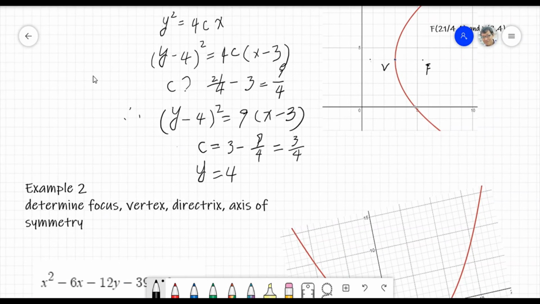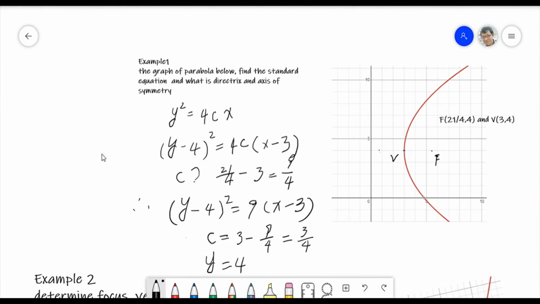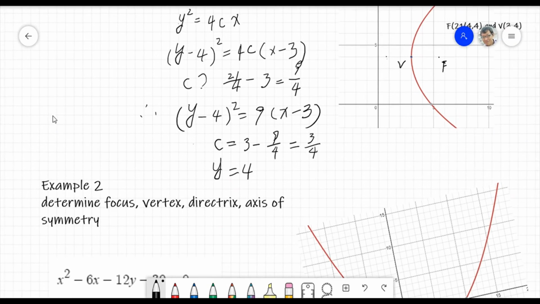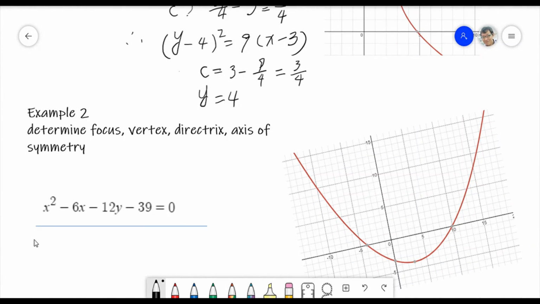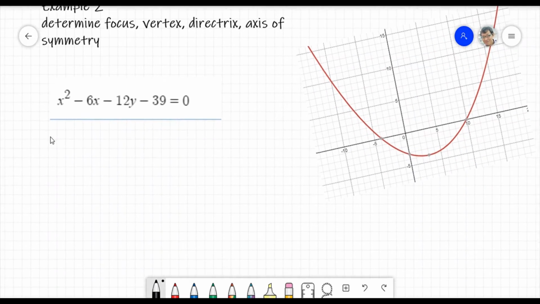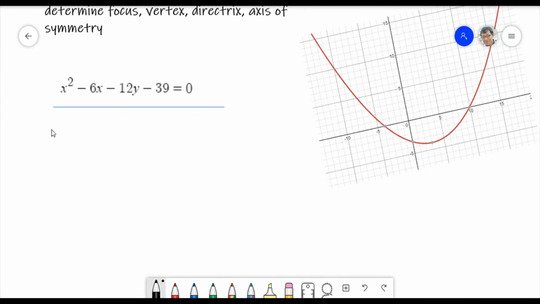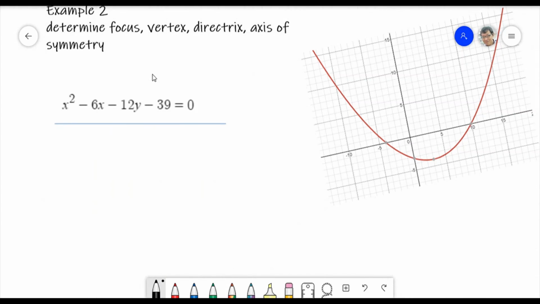Based on the previous example of a parabola, this one is a different style. What we're supposed to do is find the parabola's standard equation, right? If we find the standard equation, we can easily find the solutions for what they ask: the focus, vertex, and so on. So what's the standard equation for this parabola?